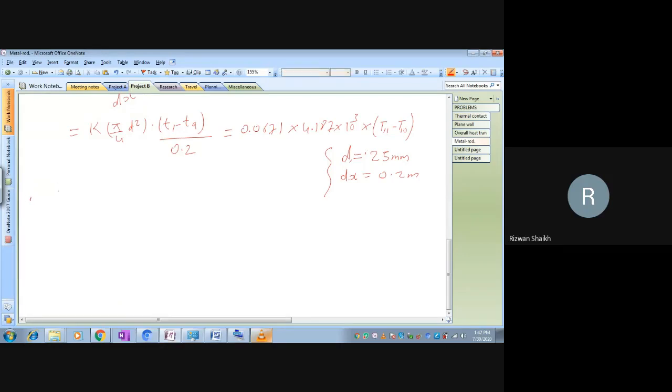If I equate both the equations, I can get the value of K. The value of K that I get is 14311.2222 watt per meter degree Celsius, based on your readings you can calculate it. This is the value we are expecting from this experiment, that is K, the thermal conductivity of the given material, copper.